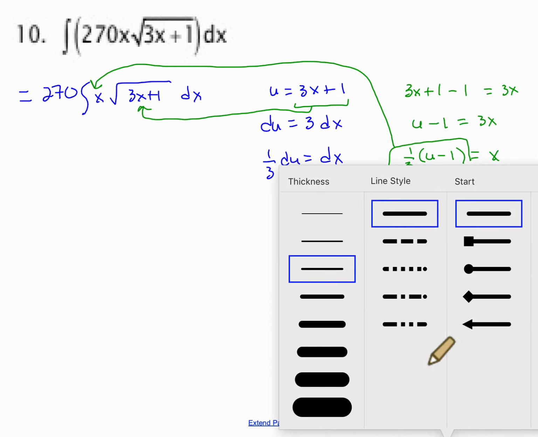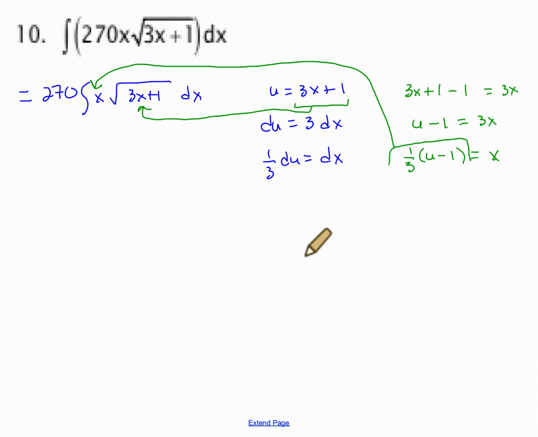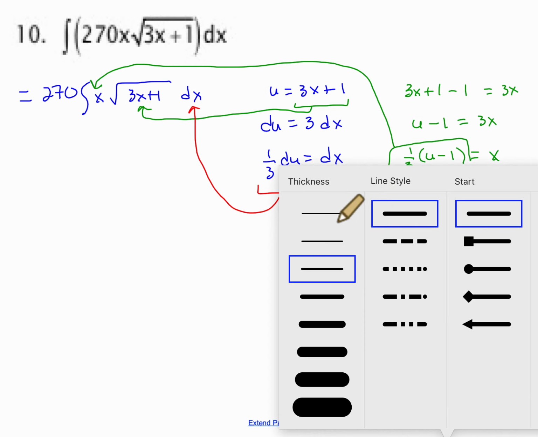So I'll turn that red. And so we're going to replace dx with 1/3 du. So we've got 3 substitutions going on here, really, which is just the best.